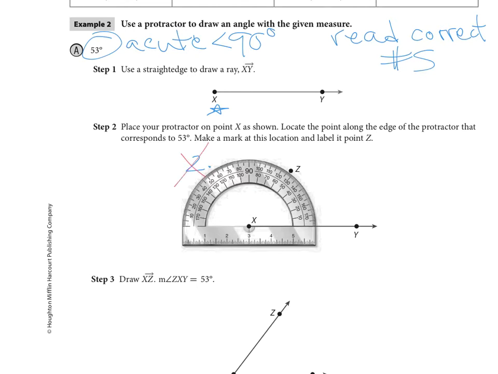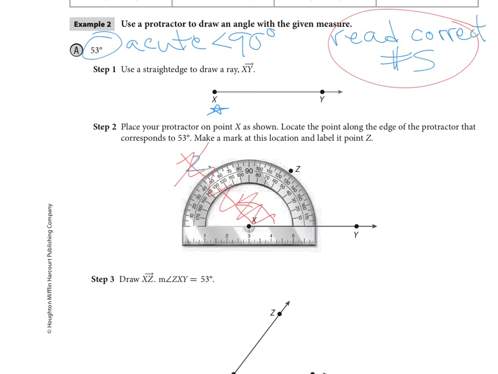The reason that would be wrong is because if we connected all the way to there, I hope you can see that this is going to be an obtuse angle, and that's not what you want. You want to connect it so that it's acute and 53 degrees. So just make sure you read the correct numbers on your protractor, and that takes a little practice sometimes.